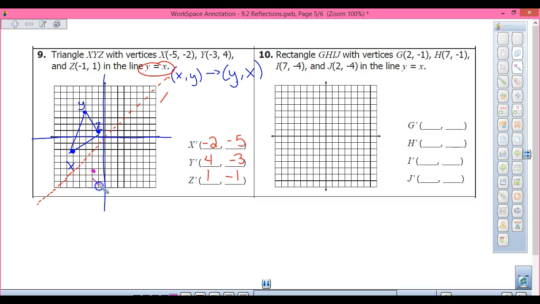Is x prime. 3 is y prime. And z is 1. And it's reflected over that line. Okay, so you're just flip-flopping them.